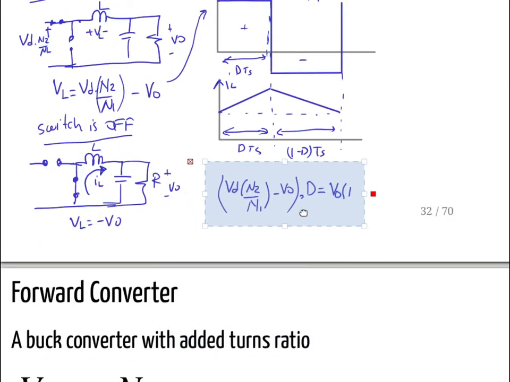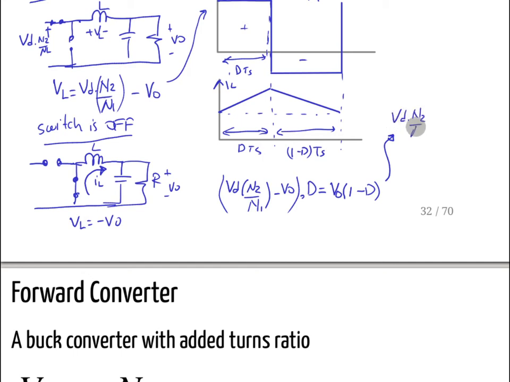Let me put it here. So it is 1 minus d, right? So you can write that one. So Vd times N2 over N1 times d minus VO times d is equal to VO minus VO times d, and they cancel each other.